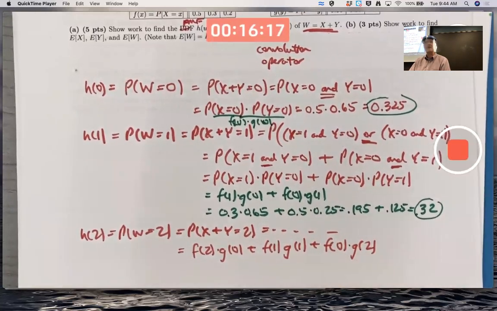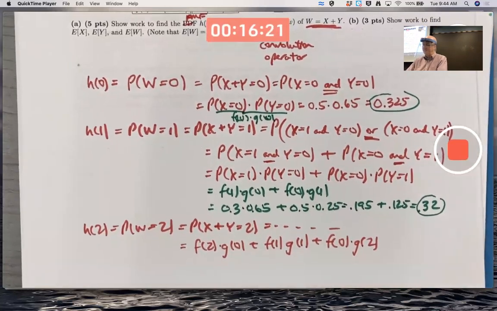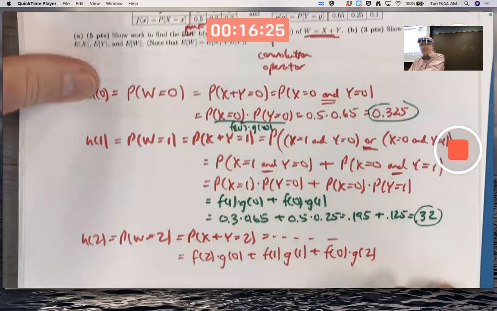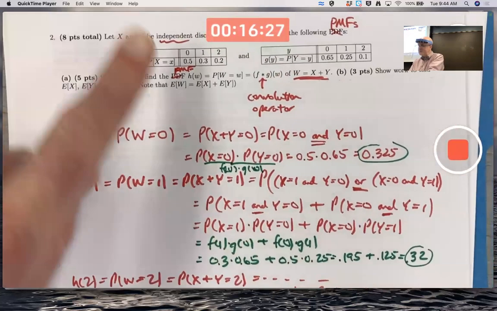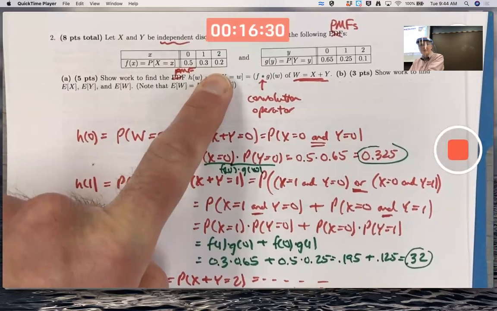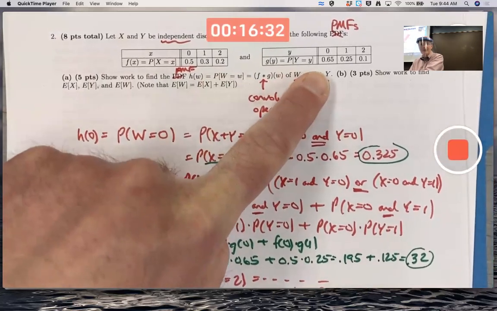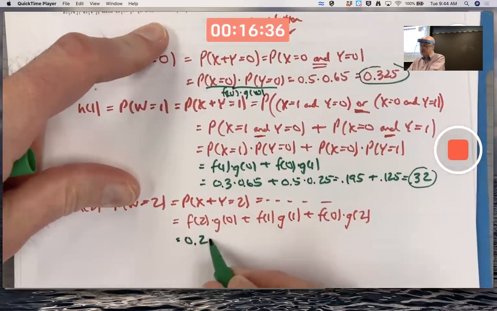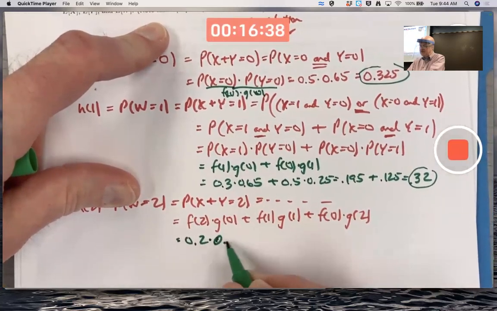So I skipped some steps there. I should have colored that green. Anyway, go back up to the table, be really careful. F of 2 is 0.2 times G of 0 is 0.65. 0.2 times 0.65.